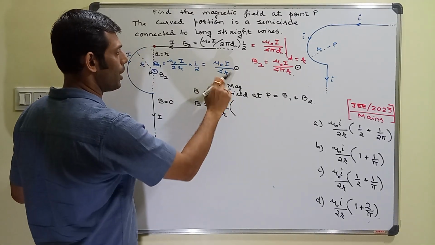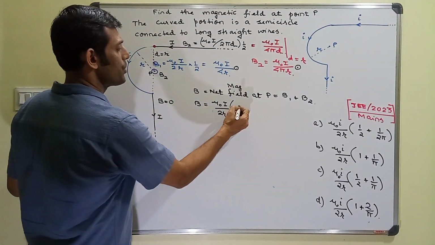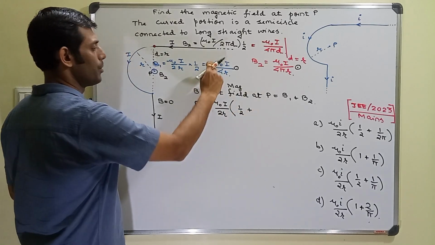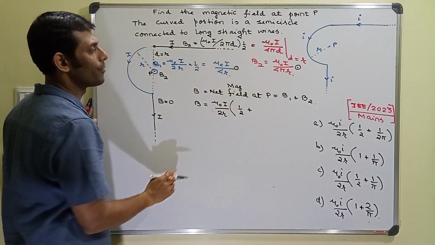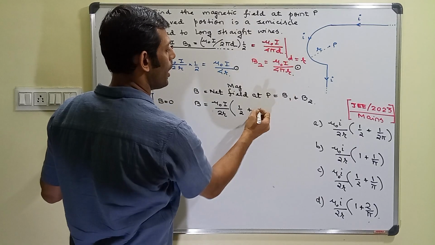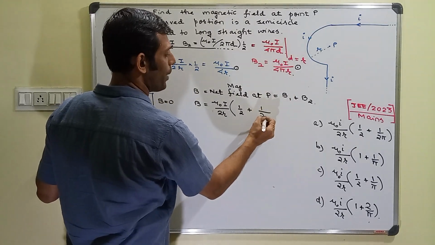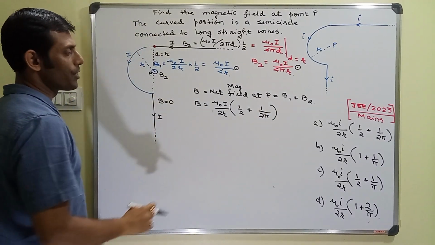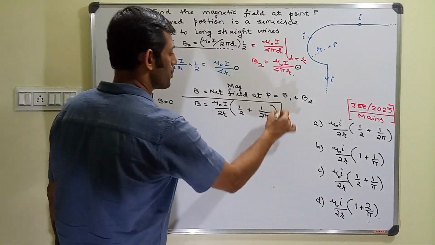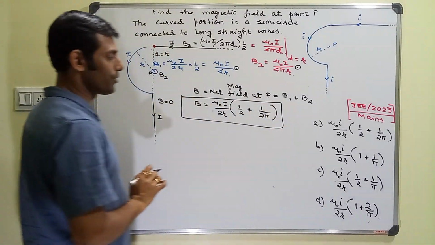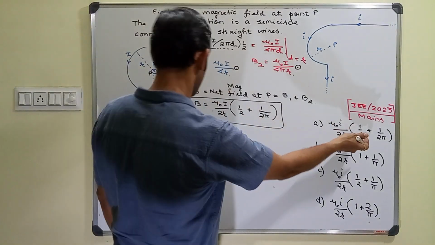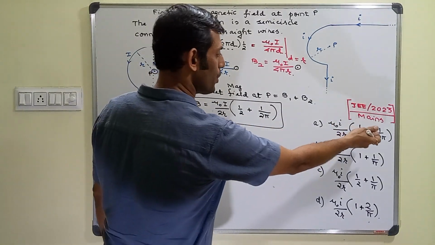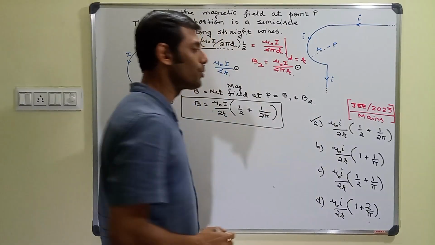Mu naught I by 2R into a half, plus mu naught I by 2R into 1 by 2 pi, and therefore this becomes your answer, which is the same as this option, and therefore this is the right answer to this question.